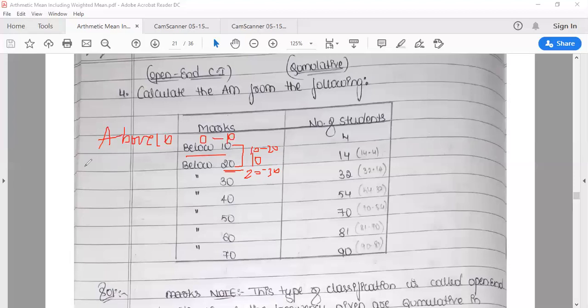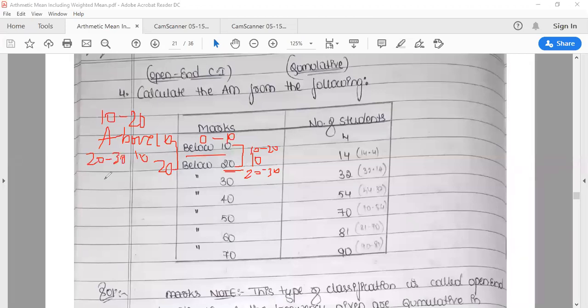Then the other set of open end class intervals are above 10, above 20. Again, you have a difference of 10 here, but your class intervals will start from 10. So your class intervals here will be 10 to 20, because above, more than, above 10. Then above 20 will be 20 to 30.